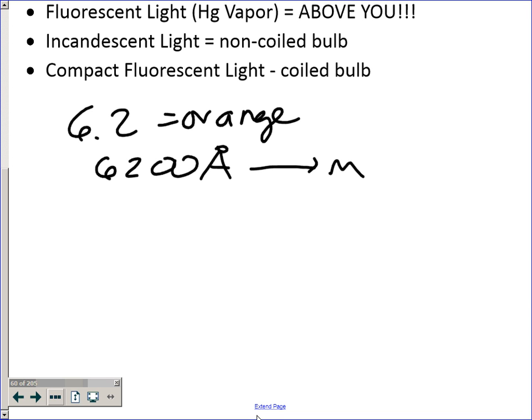We're actually using it as a, so that would be 6.2. No, so that would actually be 6.2 times 10 to the negative 7.